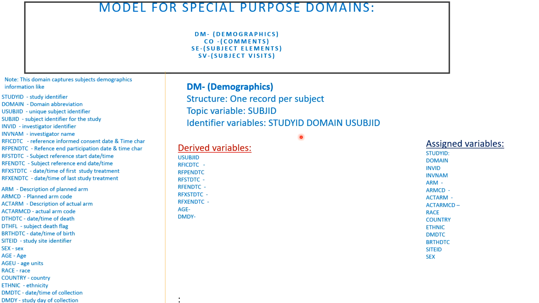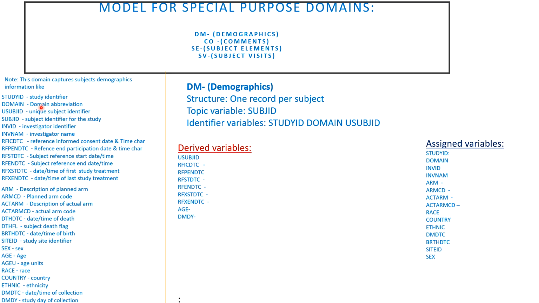According to the SDTM implementation guide, the demographics domain structure is one record per subject. So here the topic variable will be SUBJID. Then the identifier variables are STUDYID, DOMAIN, and USUBJID. So we'll discuss all the variables here.